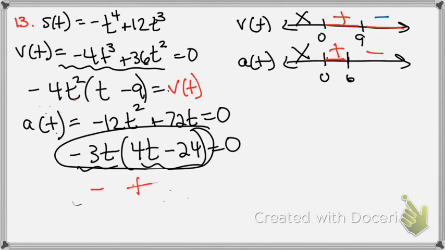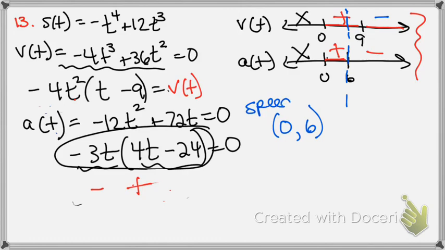Okay, now to interpret it, you've got to merge these two sign charts, one on top of the other. So visualize the 6 cutting right here. From 0 to 6, signs are the same. So between 0 and 6, if the signs are the same, we're speeding up. Then between 6 and 9, this one's still positive, this one's negative.